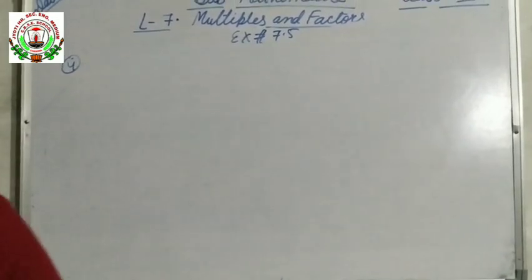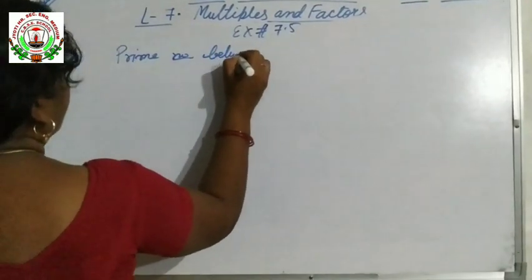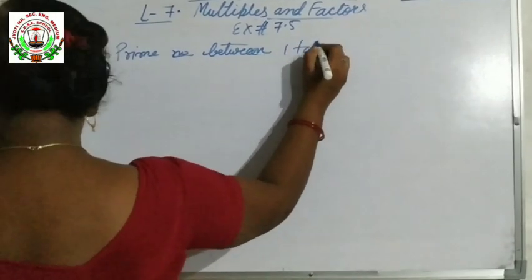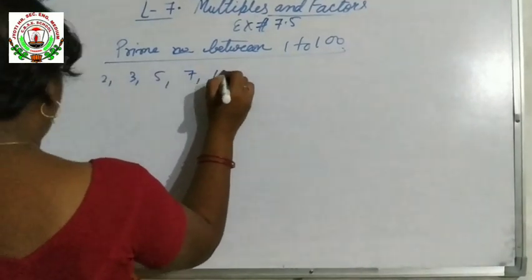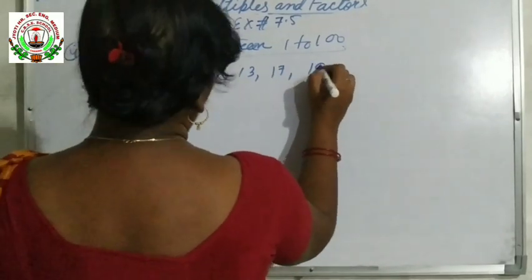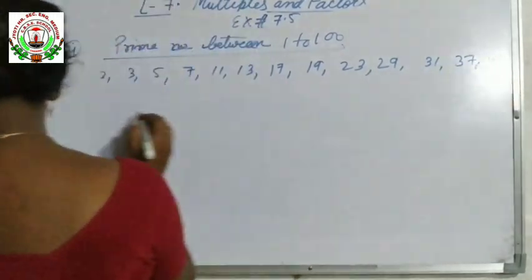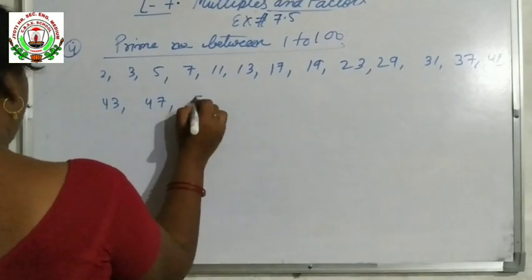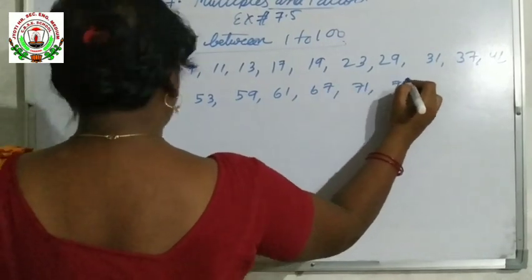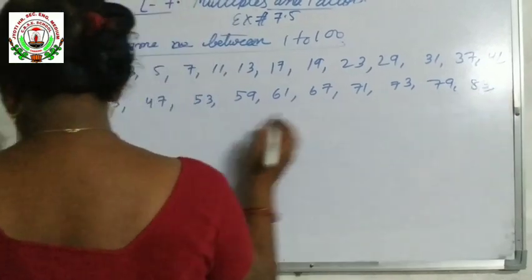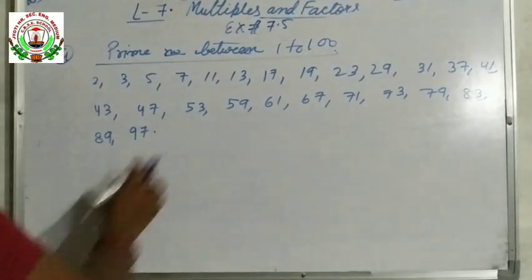Prime numbers between 1 and 100 are 2, 3, 5, 7, 11, 13, 17, 19, 23, 29, 31, 37, 41, 43, 47, 53, 59, 61, 67, 71, 73, 79, 83, 89 and 97. These are the prime numbers between 1 to 100.